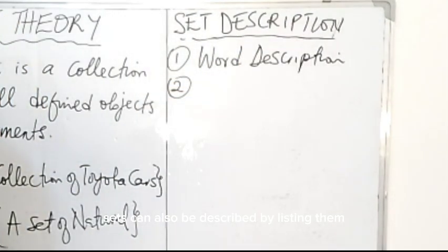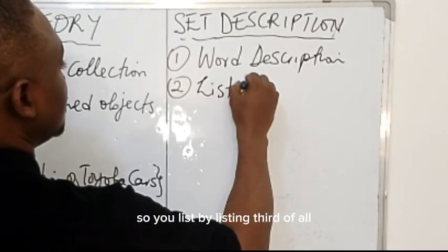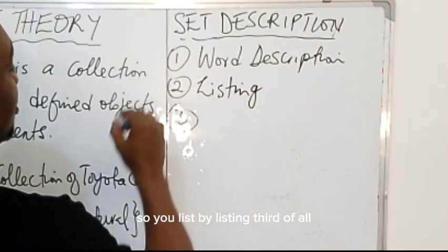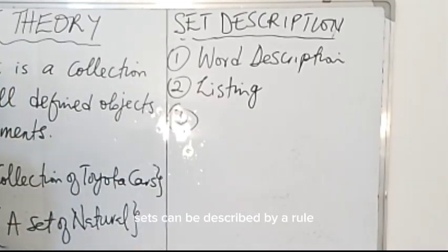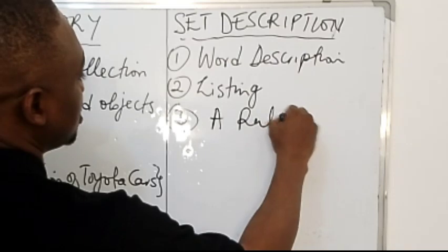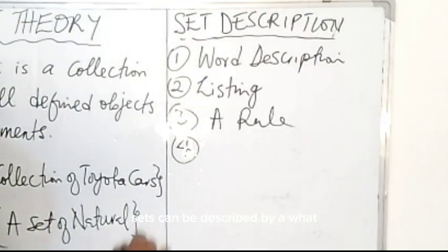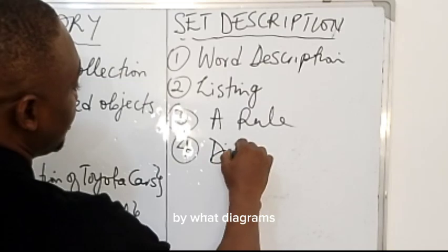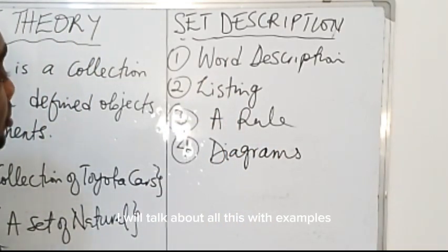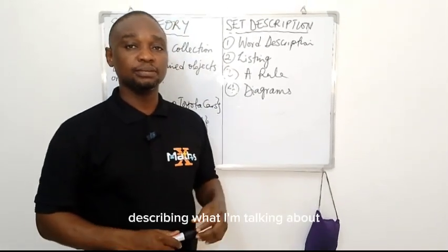Sets can also be described by listing them. Third of all, sets can be described by a rule. And then fourthly, but certainly not the least, sets can be described by diagrams. I will talk about all this with examples describing what I'm talking about.